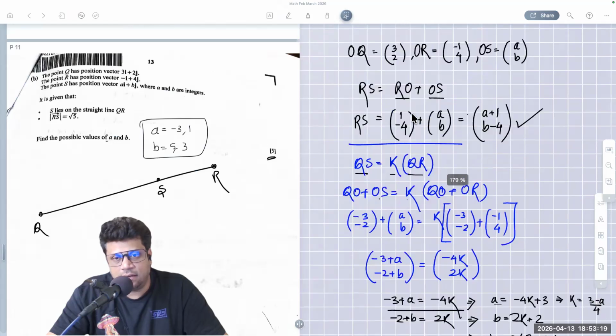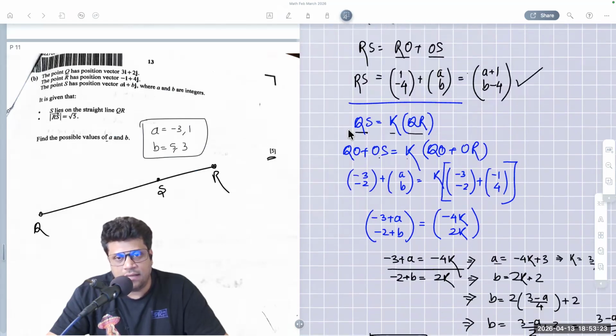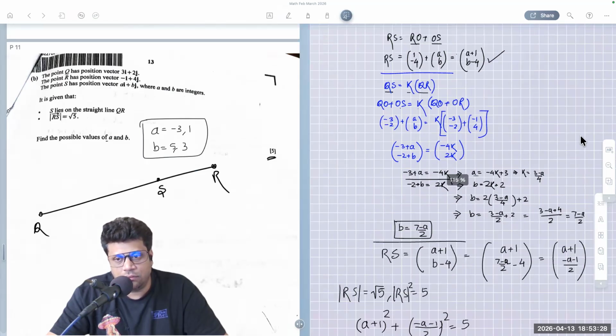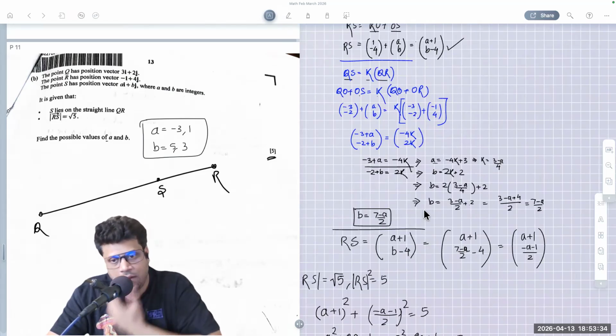So first RS is RO plus OS. So RS comes out to be this. And then QS is QK times QR. So from there I figure out B is 7 minus A by 2.